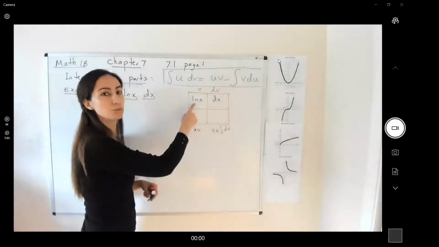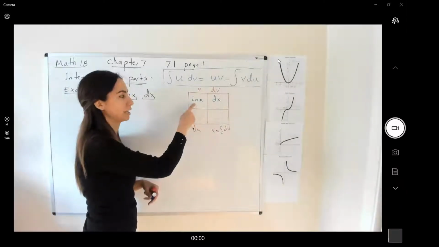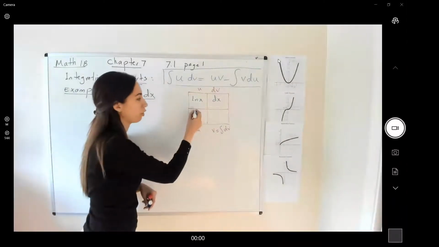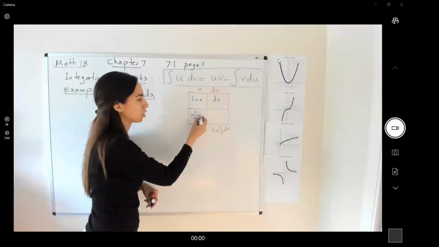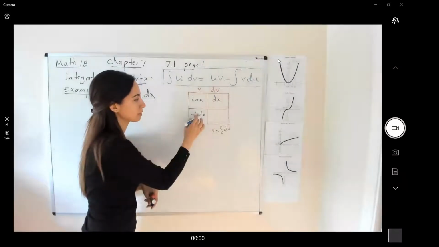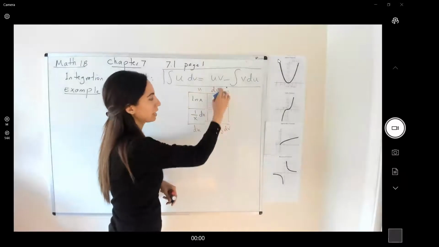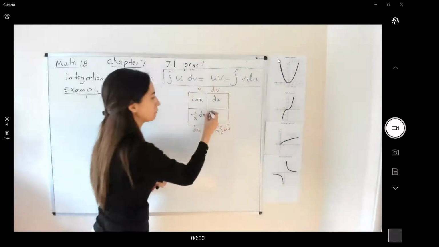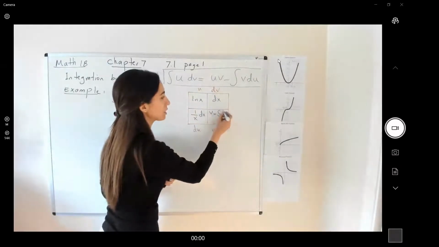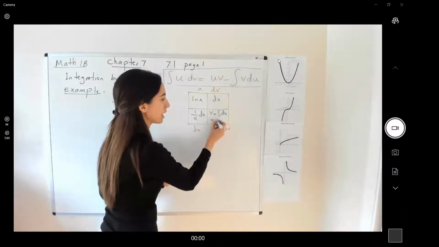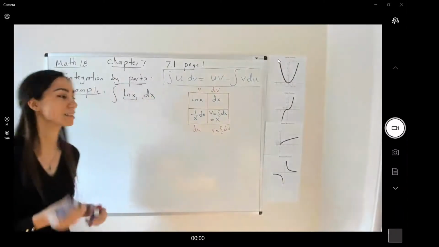So du, the derivative of ln of x, is 1 over x times dx. Then dx is equal to dv, v is equal to the integral of dx. This is just x itself.